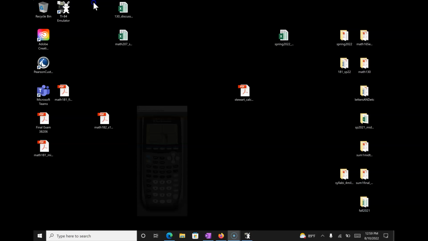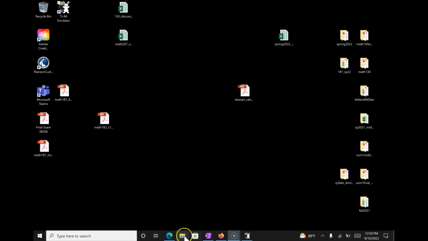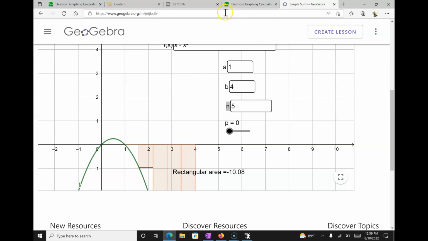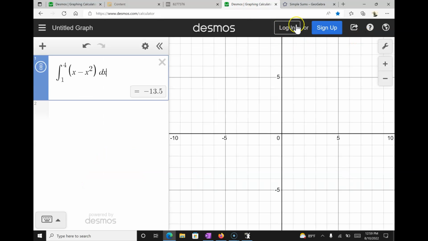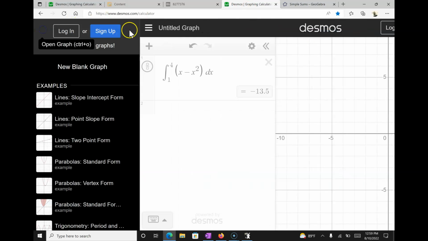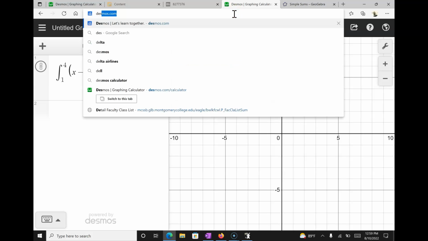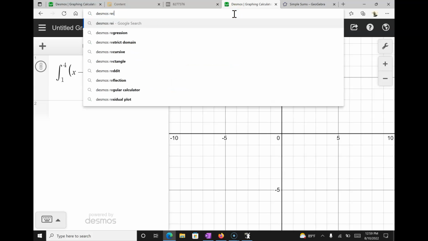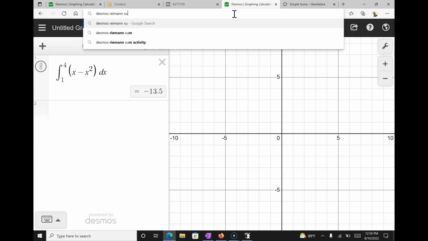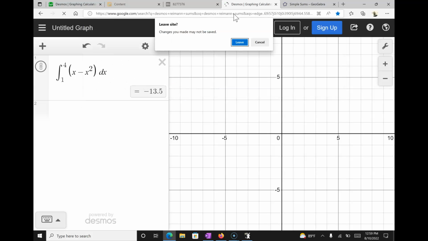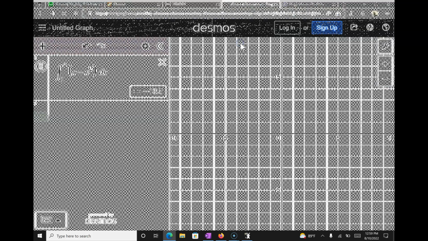So Desmos is enough. I don't know. Let me see if I can get something like that on Desmos. I don't think I can. I want to go back to home. Oops, sorry. I thought I could search. Let me do it this way. Desmos Riemann sums. Let's see if anybody's created something.